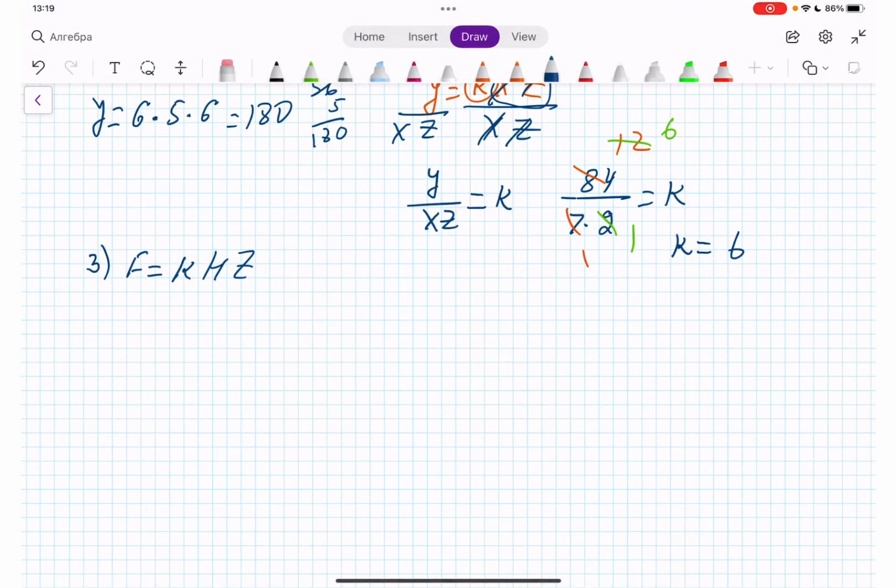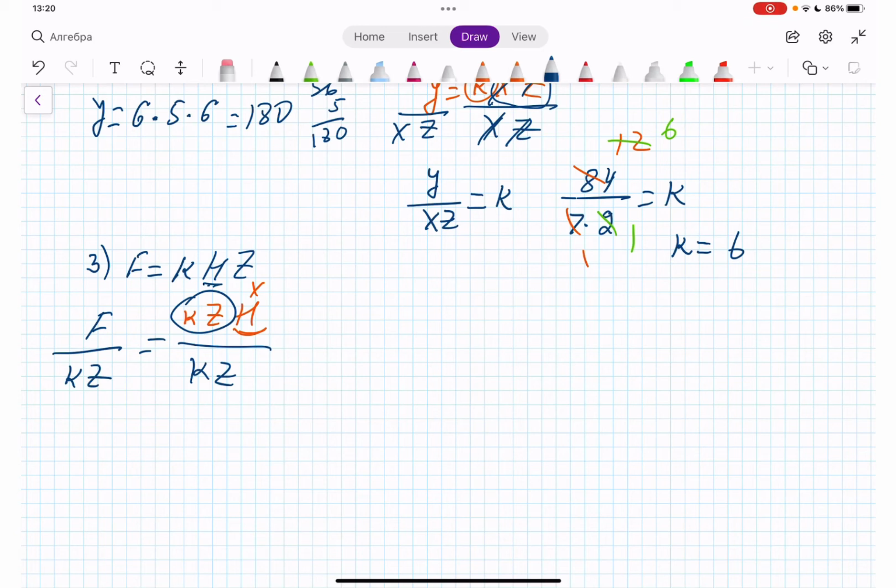To find H, I'm going to rewrite this way, K, Z, and H. So if this H is my X unknown, I need to divide by K and Z, right? Because K and Z is going to be my coefficient of H.